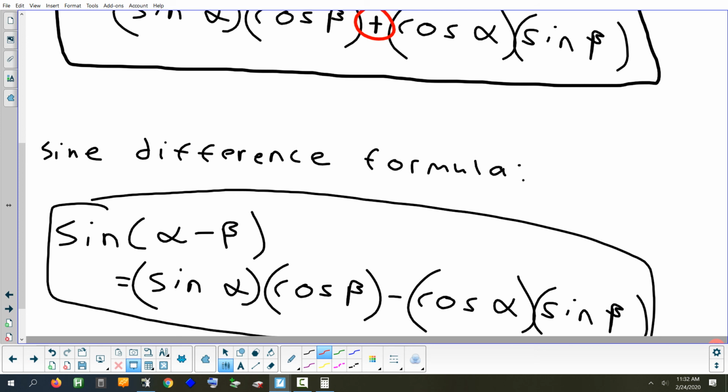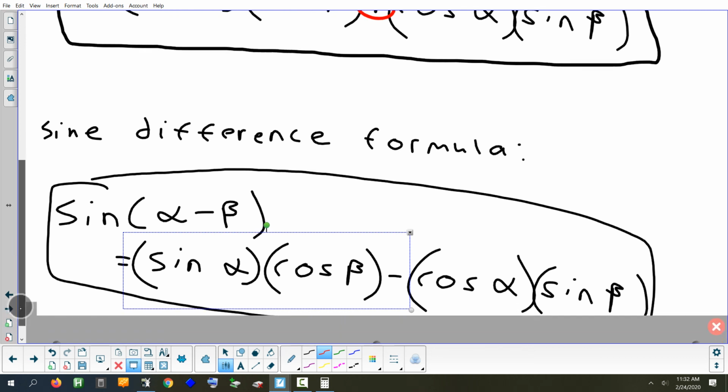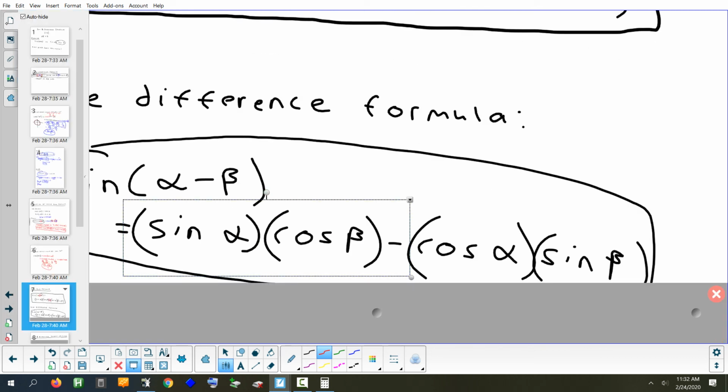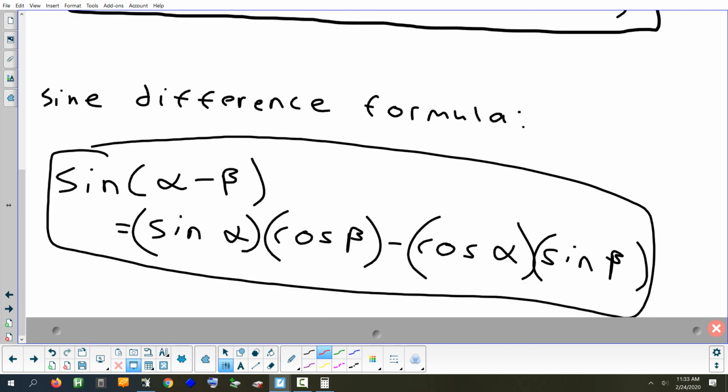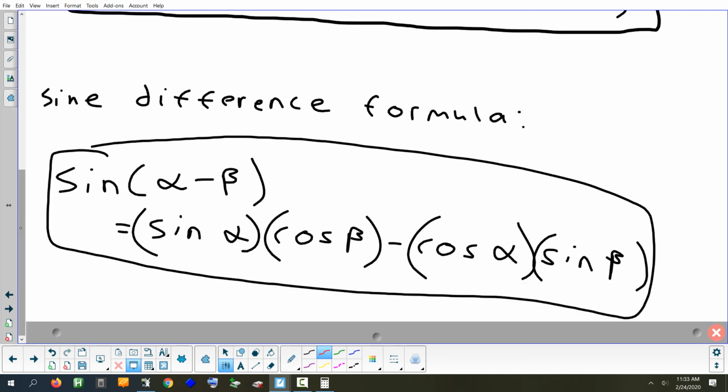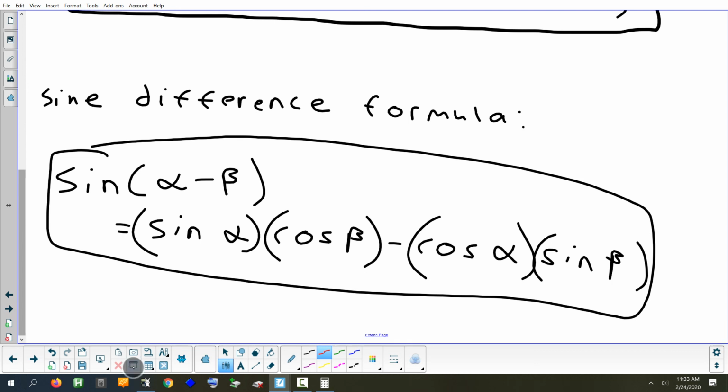Minus here matches the minus there. Right. And now with that, you could do a problem like sine 15 or sine 75, just like you did cosine 15 and cosine 75. It'd be pretty much the exact same thing.